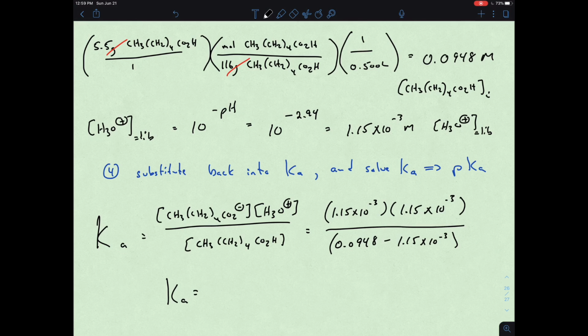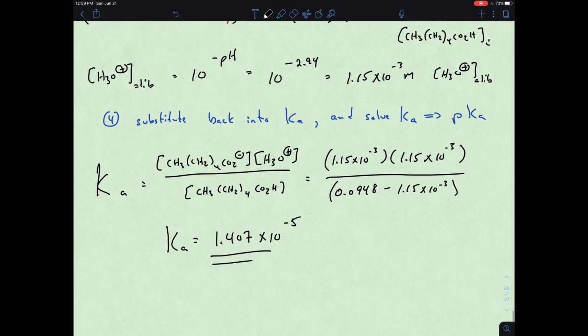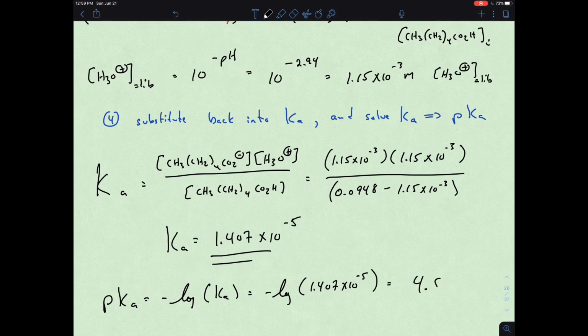And so we get a Ka of 1.407 times 10 to the negative fifth. And then that allows us to solve for our pKa, which would just be the negative log of that Ka. And we get a pKa equal to 4.85.